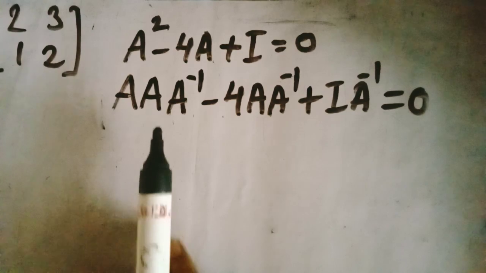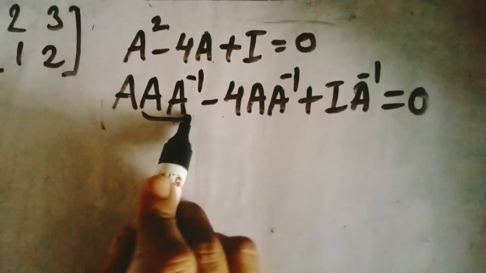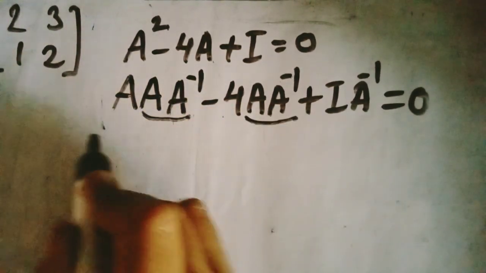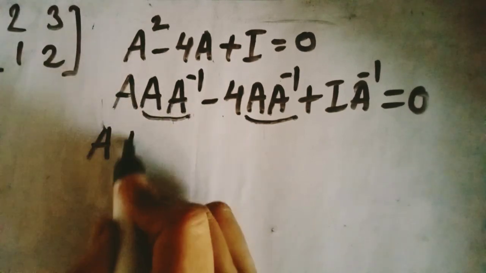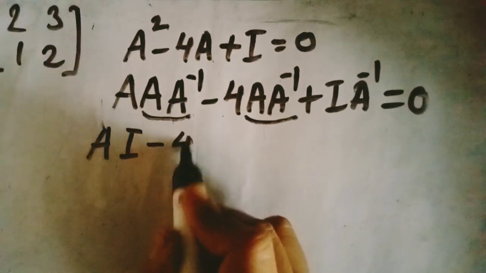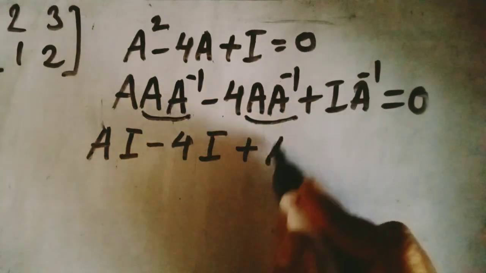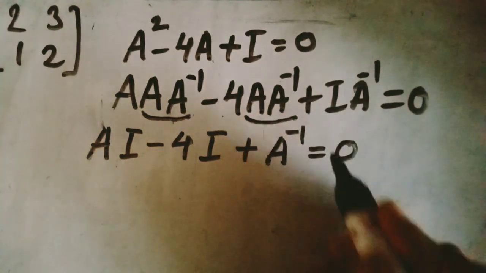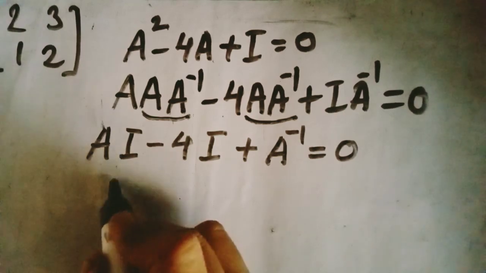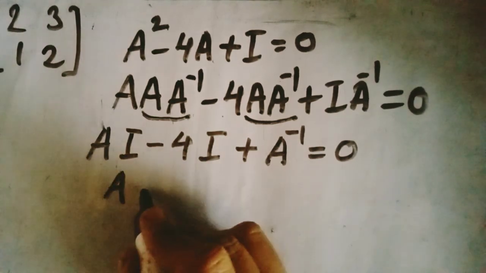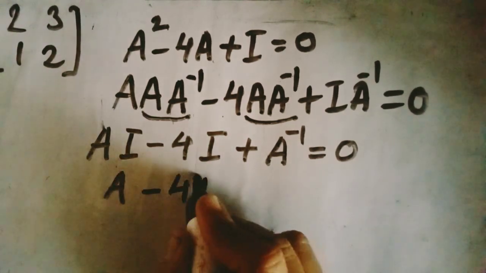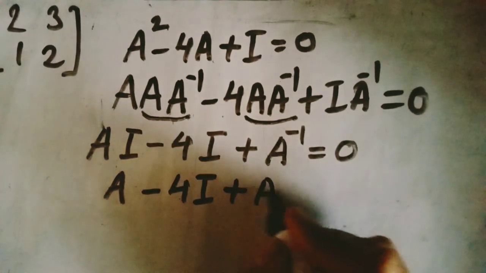Now we know that A into A inverse is I. So A into A inverse is I, minus 4 into I, plus I into A inverse will be A inverse. So A into I is A, minus 4I plus A inverse.